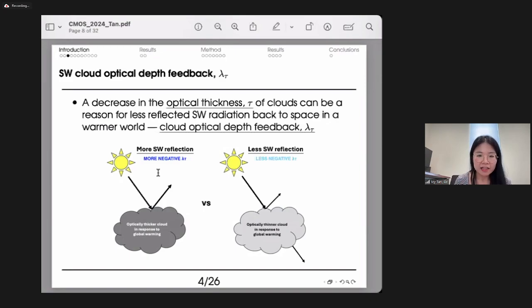On the other hand, we have this cloud on the right-hand side, which is also optically thicker in response to global warming. However, it's just not as optically thick compared to the cloud on the left-hand side. So all else being equal in this situation, the cloud optical depth feedback, lambda sub tau, is still negative, but it's just less negative than on the left-hand side.